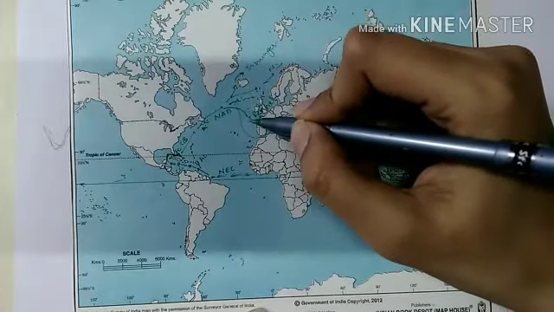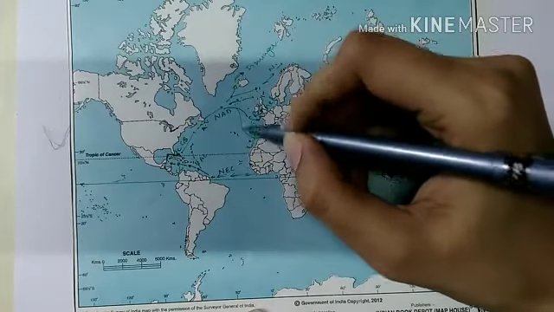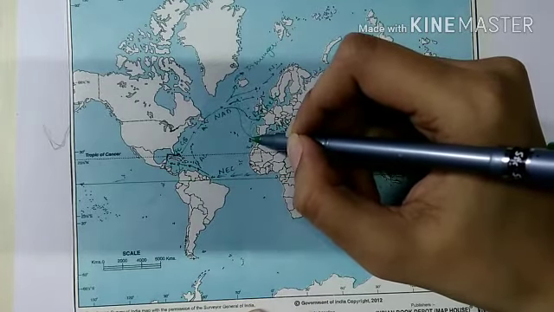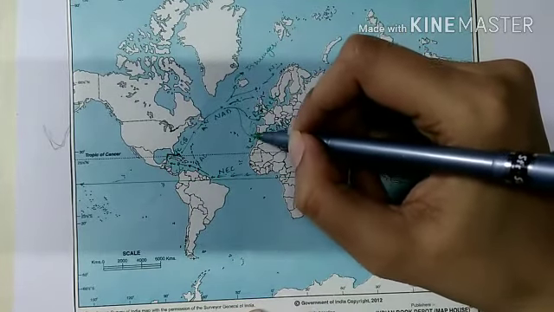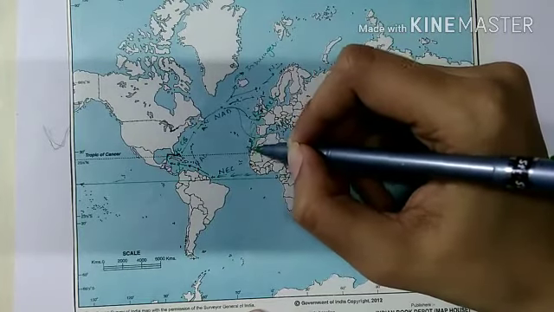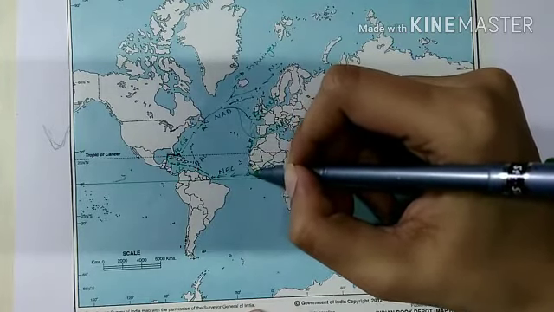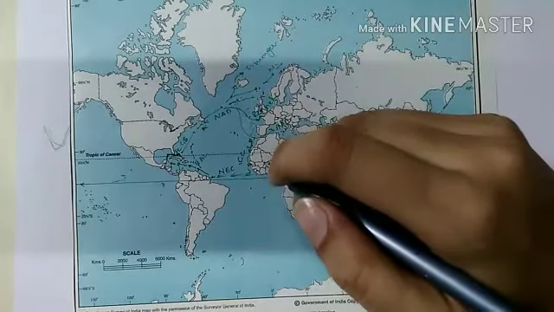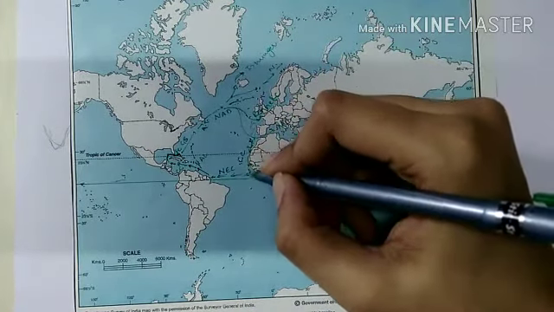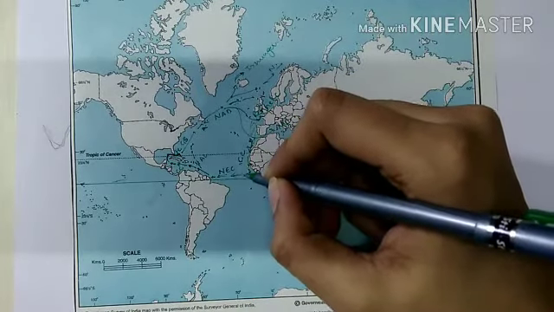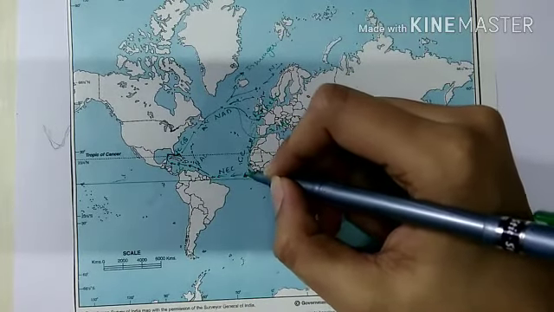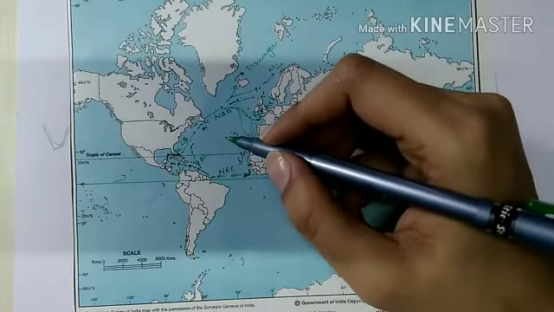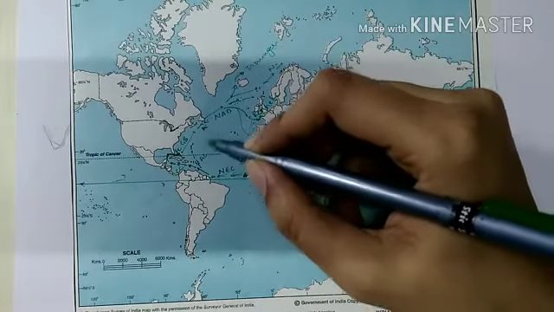Because of the accumulation of lots of water here, a cold current is generated in the north-south direction, and this Canary Current is a cold current. Finally, the Canary Current merges with the North Equatorial Current again, and this completes the circulation of the North Atlantic Ocean in circular form.